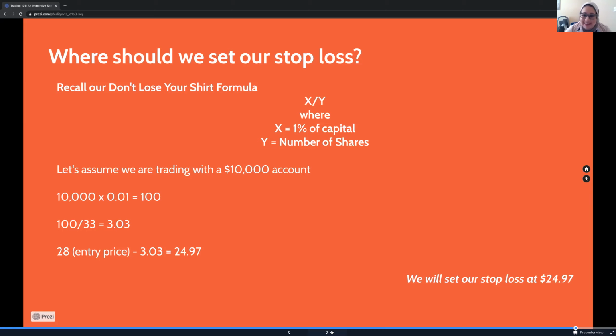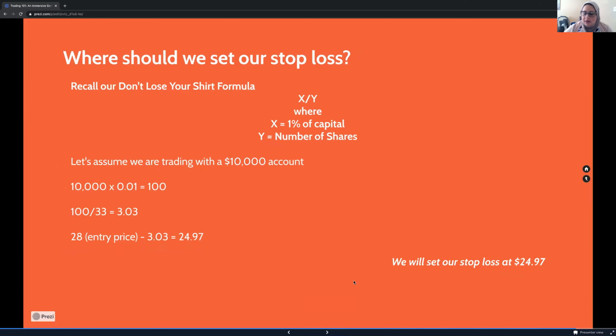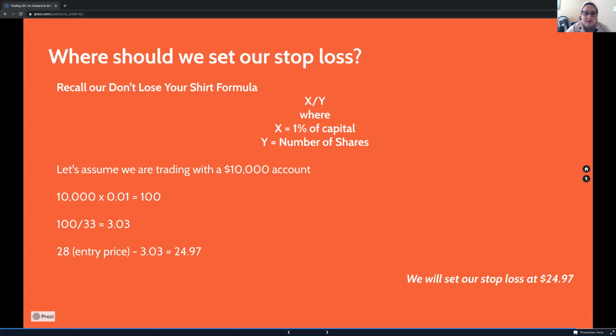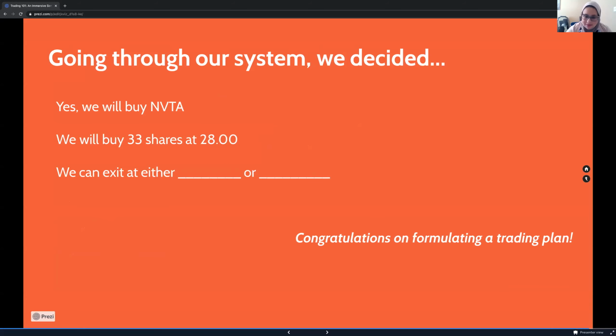As for the stop loss, your broker should have a stop loss order that you can set up so that they sell your shares automatically. Again, we'll bump up some posts on the Facebook group, but feel free to put up a chart on the private trading 101 Facebook group and ask, is this a good level of support, a good level of resistance? And we'll take a look at it. Okay, so we went through all our steps.